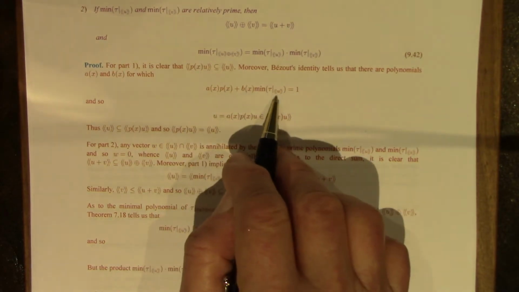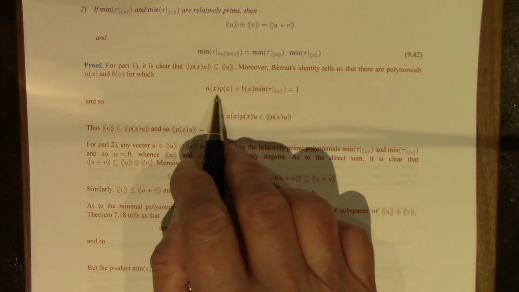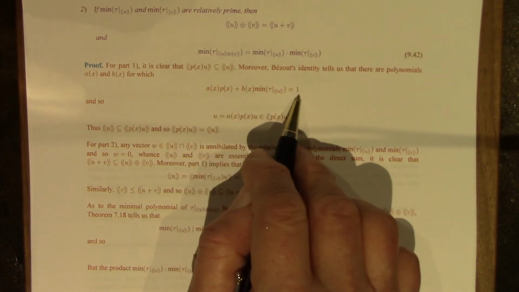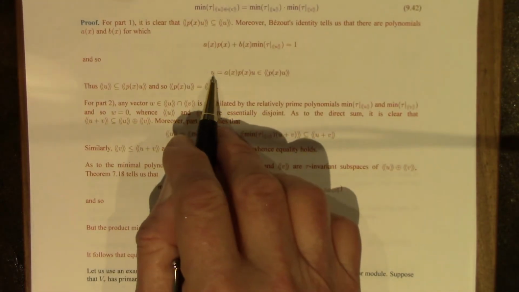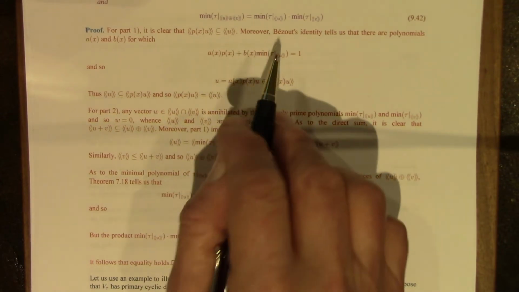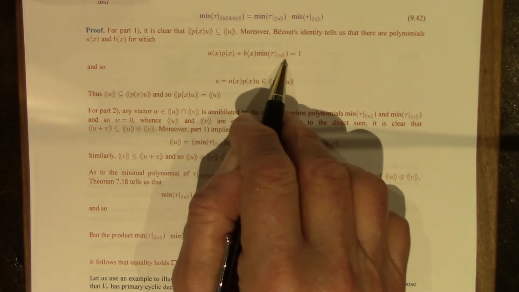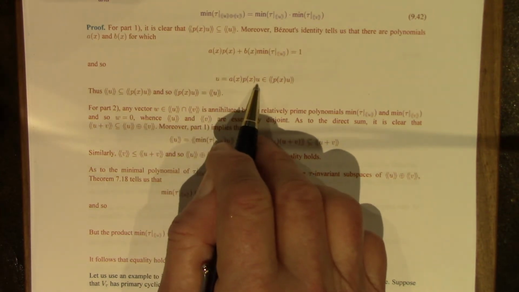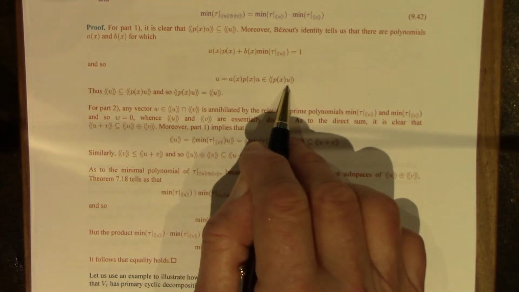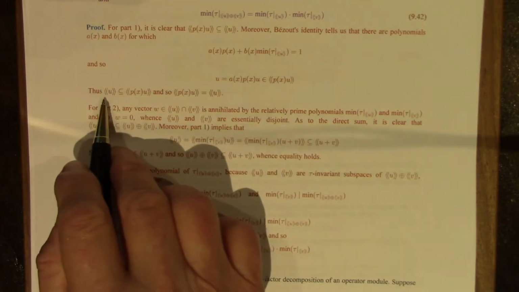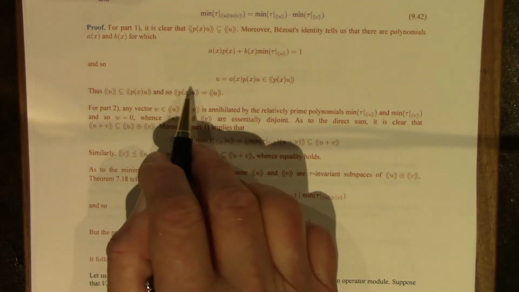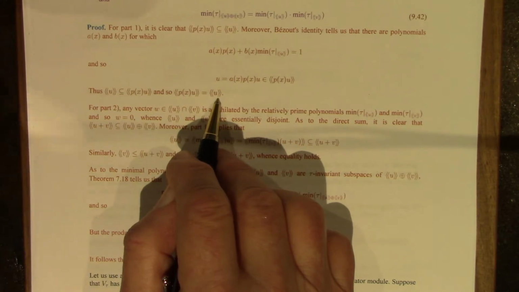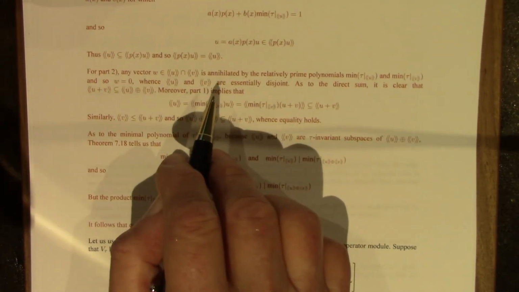P of x and the minimal polynomial are relatively prime, so there's an equation of this form, which means that the generator u, since it's annihilated by the minimal polynomial, is equal to a of x, p of x, u, and that belongs here. And therefore we have the reverse inclusion, and so we have equality. And that's the proof of part one.